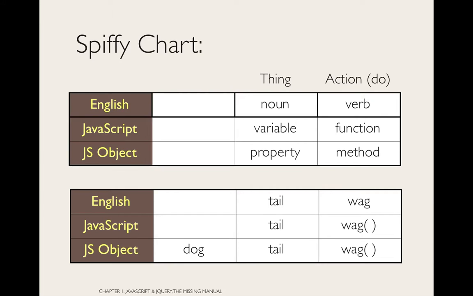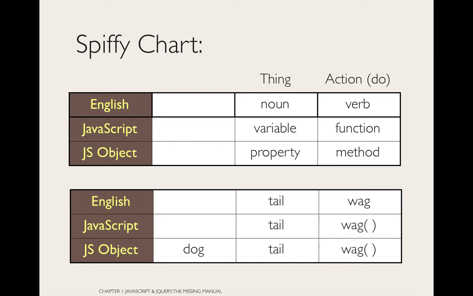They're called properties and methods for nouns and verbs. So a real world example might be a tail, that's the noun, and wag is the verb. In JavaScript, it's very similar. You can tell a verb is a function or a method by the parentheses after it.